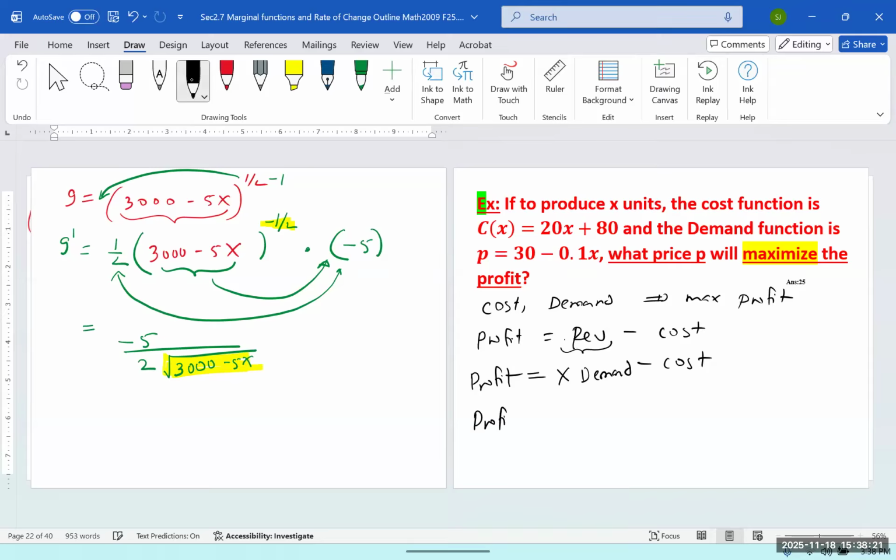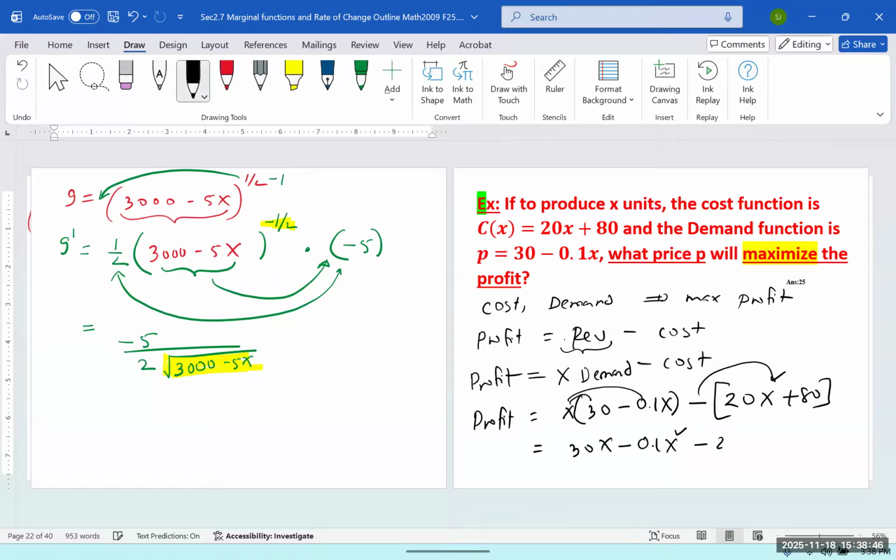So our profit is X times (30 minus 0.1X), and we're going to subtract the cost, which is 20X plus 80. Distribute the negative. We get 30X minus 0.1X squared minus 20X minus 80.